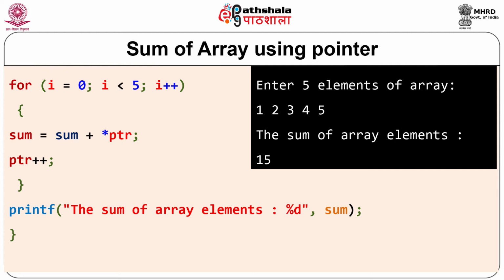If you enter elements of array like 1, 2, 3, 4, 5, then you know that the sum of these array elements is 15. But here we are not doing this sum using just the array, we are doing this sum using pointers.